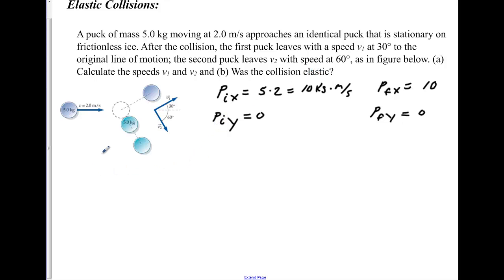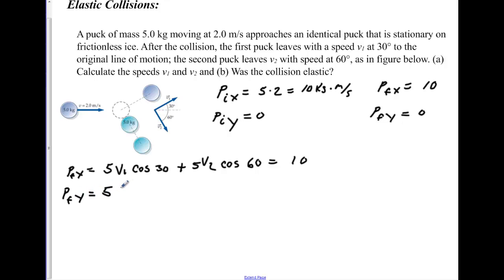And one of the things we're going to prove is whether it was elastic or inelastic. Okay, so what we want to do in this problem is solve for the two velocities. So we'll go ahead and write the equation for Pf in the x. We will get 5, which is the mass, times V1 times the cosine of 30 degrees, plus 5 times V2 times the cosine of 60. That must equal 10. We do the same thing with the y momentum.